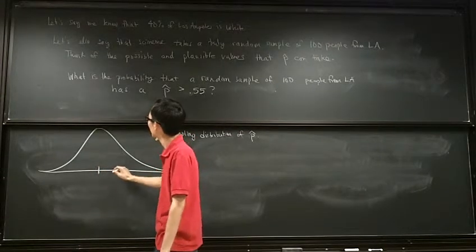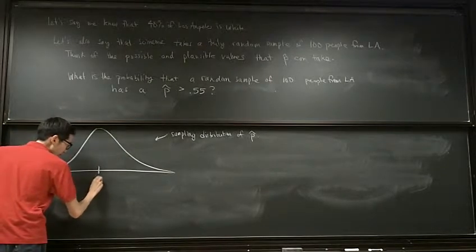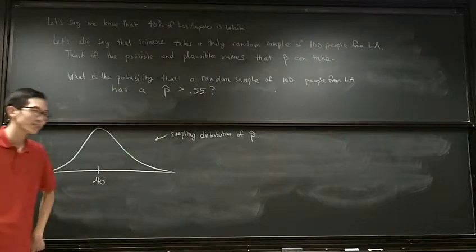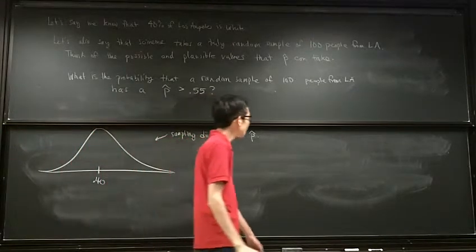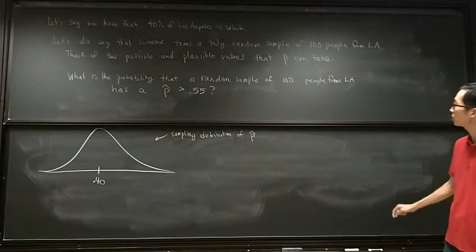That number is 0.4. Explain that. What number did you think was going to go there? 0.50? Now why would you think 0.50?